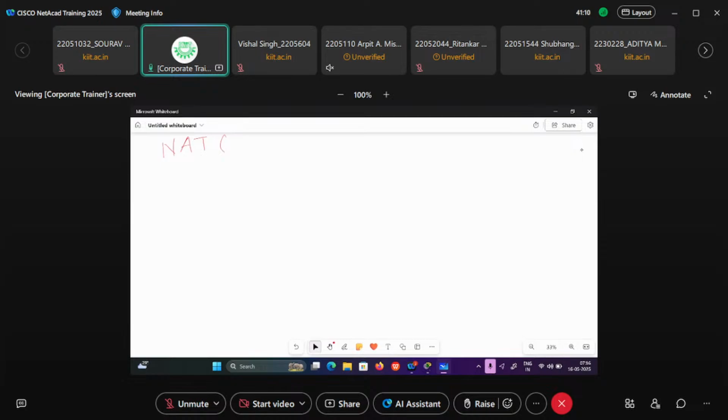Suppose in your computer lab, your IP for each and every desktop is like 10.0.0.1, 10.0.0.2, 10.0.0.3, 4, 5, like that way you have configured in your computer lab. And think of it, people of another college in their computer lab have also configured the same IPs. So private IPs can be the same, that is not a problem.